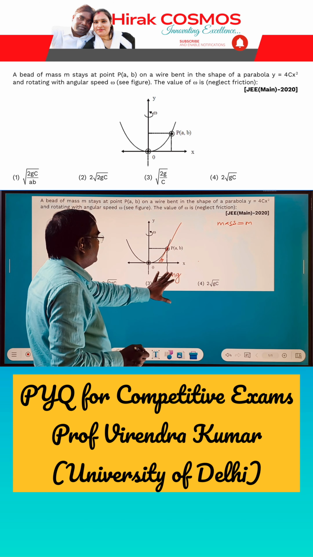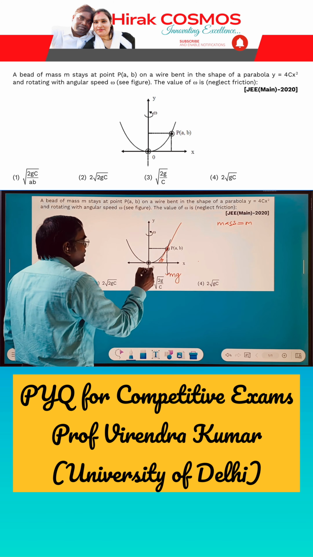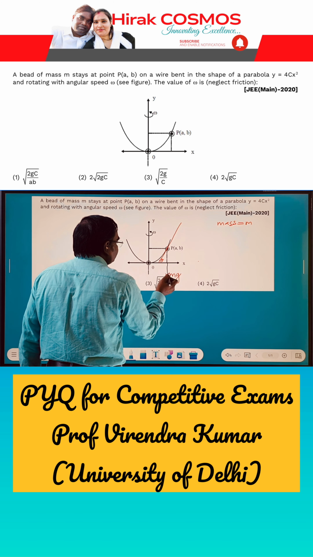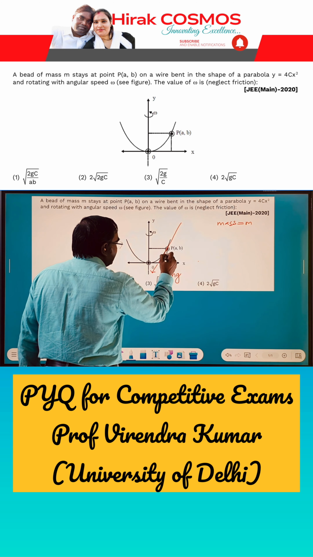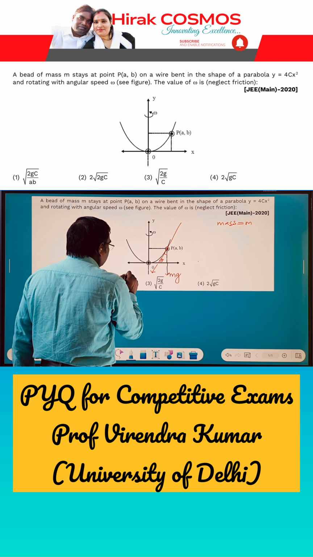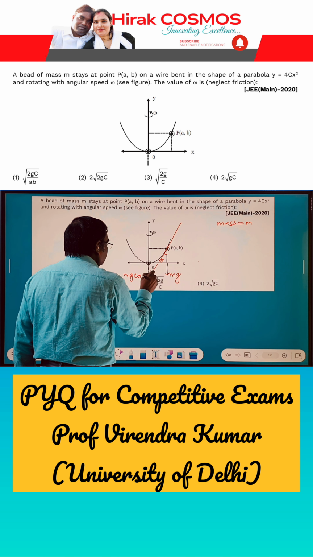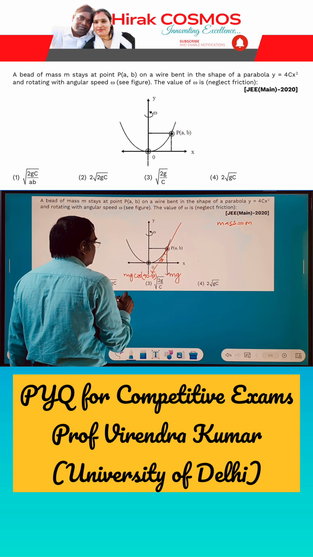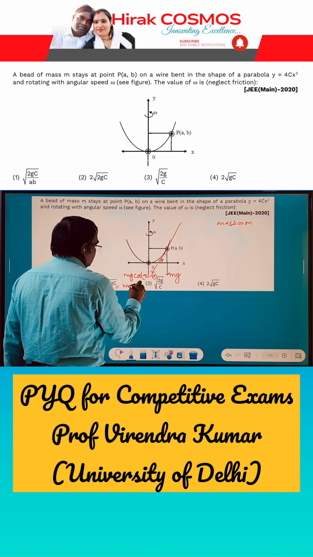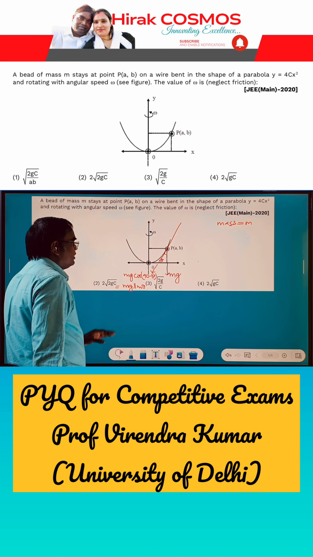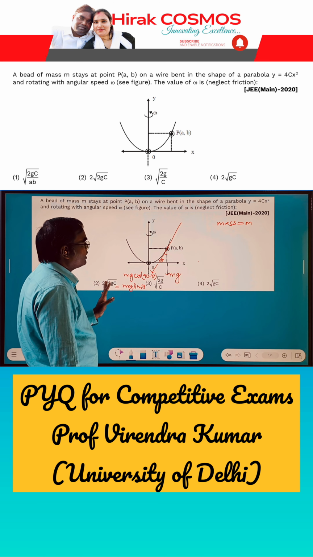So if you resolve mg into two perpendicular parts, then this will be the mg, this will be 90 minus theta. So mg cos(90 minus theta), right. This will give mg sin theta, right. So this is the horizontal component.